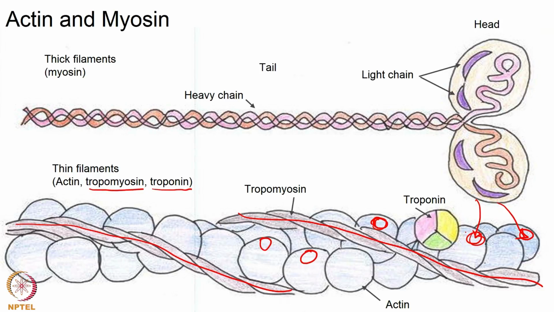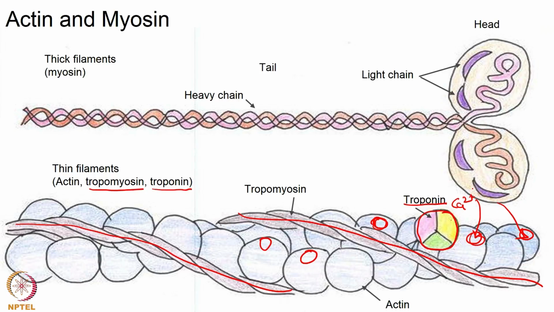On the tropomyosin you have another protein called troponin. This troponin has a special property: whenever troponin attaches to calcium, it undergoes a conformational change.